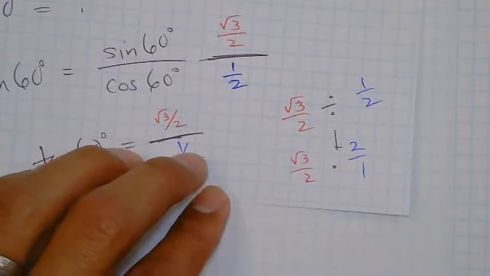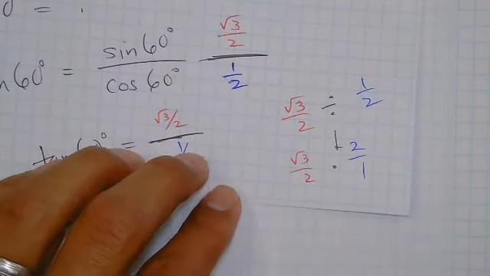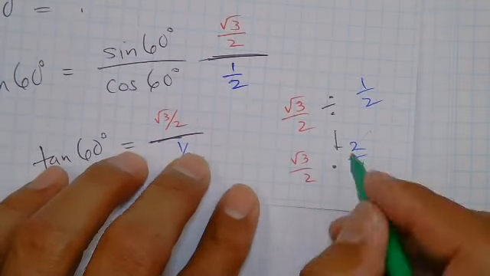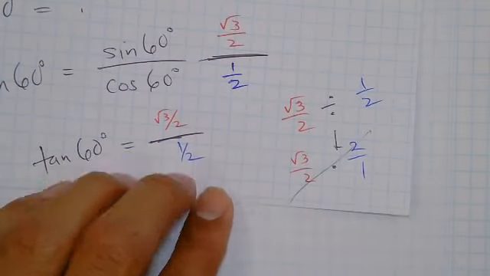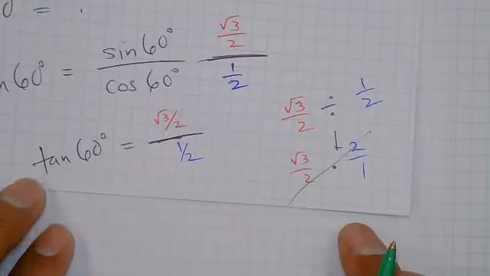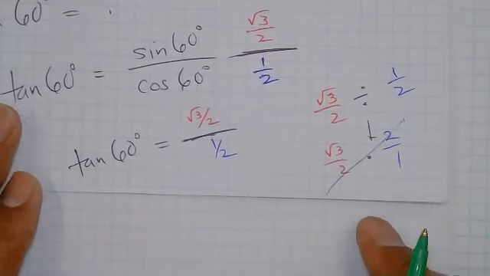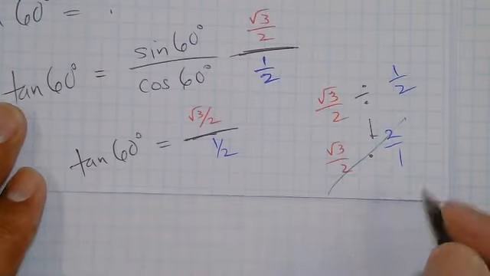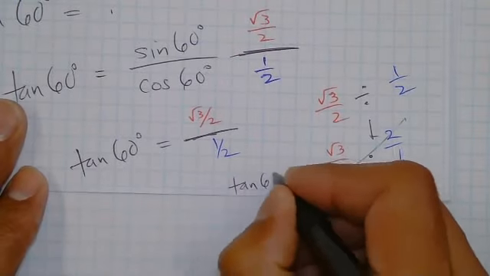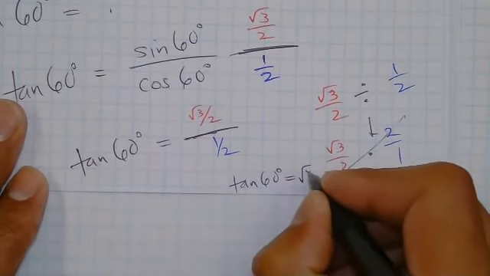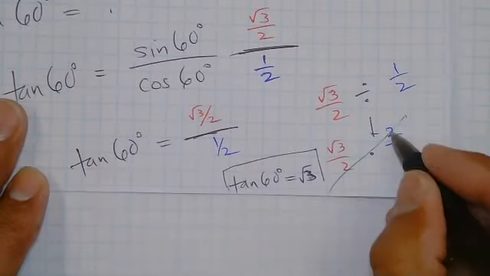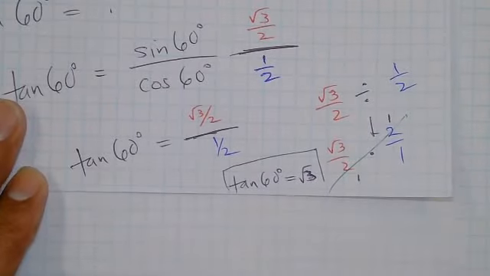You're going to change to times, and this is going to be what? 2 over 1, right? We just talked about that. And then you can see what's going to happen with those 2's, right? So what is left here? What is the answer for tangent of 60 degrees? The only thing left over is the square root of 3 over. So tangent of 60 degrees is just the square root of 3.